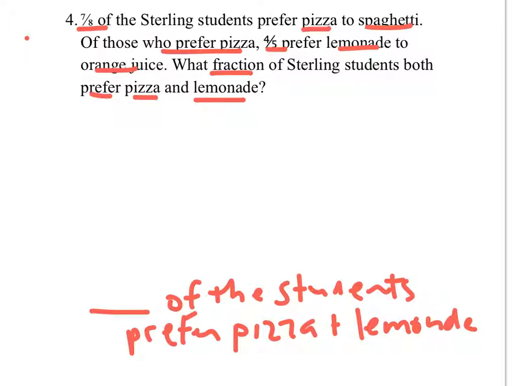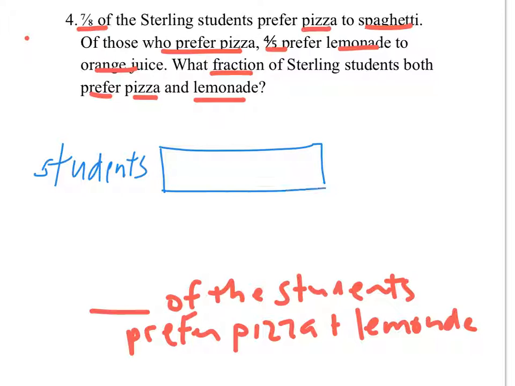And so when we look at it, so we start out with, so what is it we're looking at? Well, we're really looking at the students. So we look at the students, and we say that our first division of students is 7/8.